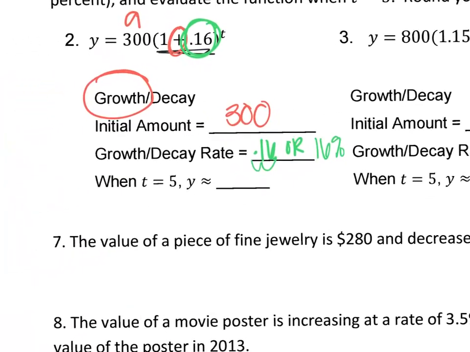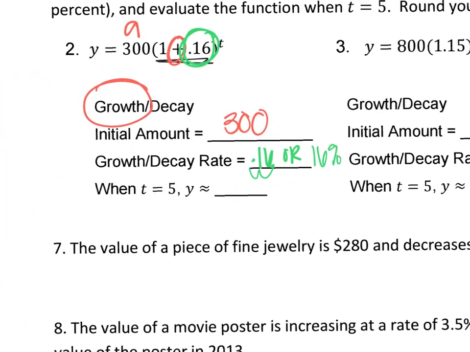And it says when t equals 5. So I'm taking my equation it gave me, y equals 300 times 1 plus 0.16 to the t, and instead of t here, I'm going to change it to 5. And when you plug that in your calculator, you get 630.10. So not too bad.